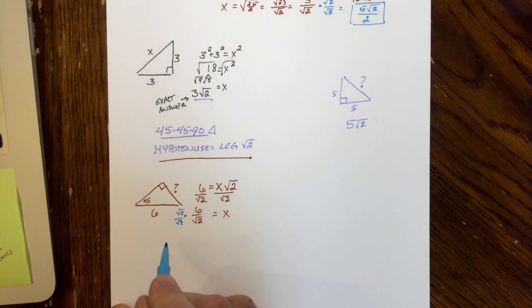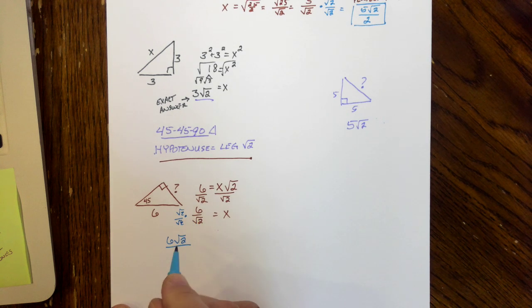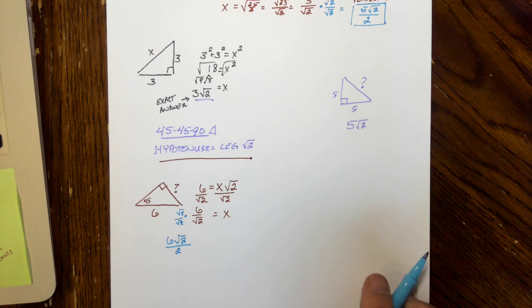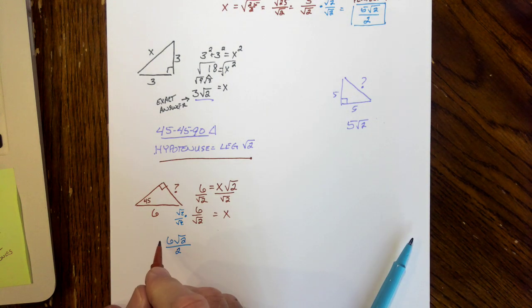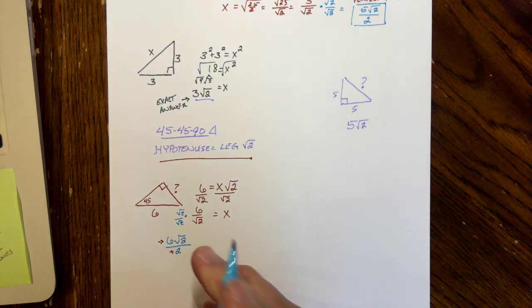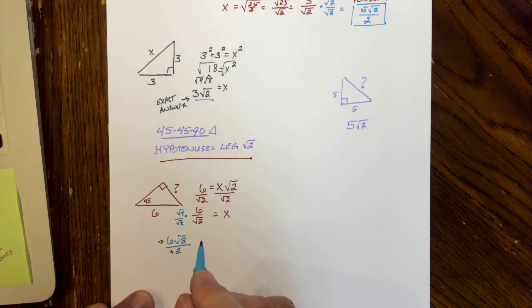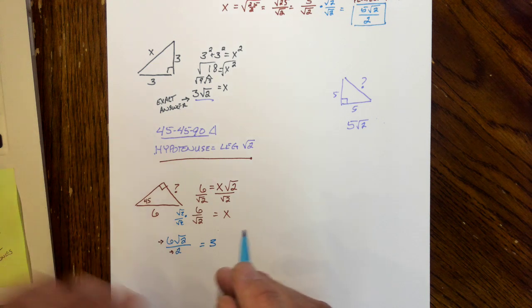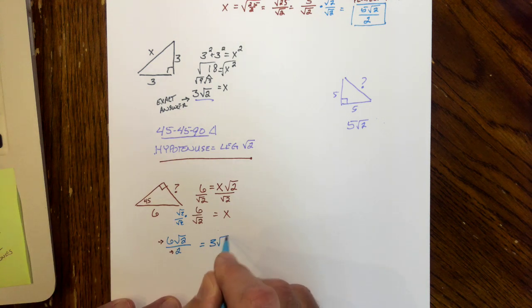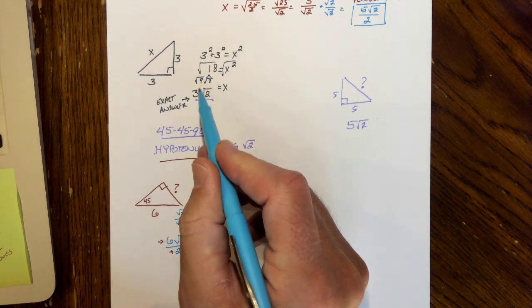So it's going to give us 6 radical 2. Square root of 2 times square root of 2 is 2. Outside of a radical, you have to reduce just a little bit more and get an answer of 3 radical 2.